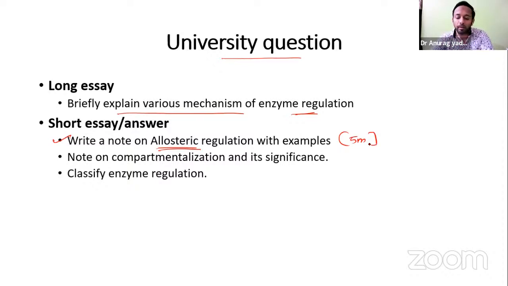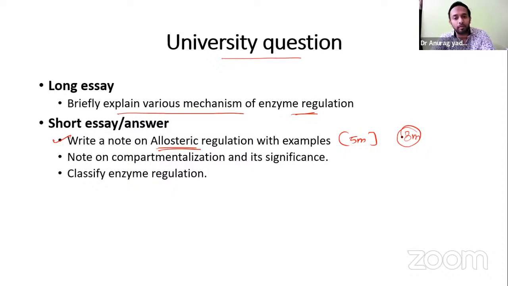What is an allosteric site? It can be a 3-mark question again. The allosteric site is the site other than the active site to which an allosteric regulator binds. This regulator can be an inhibitor or an activator; it will increase or decrease the rate of reaction. That is about allosteric regulation.